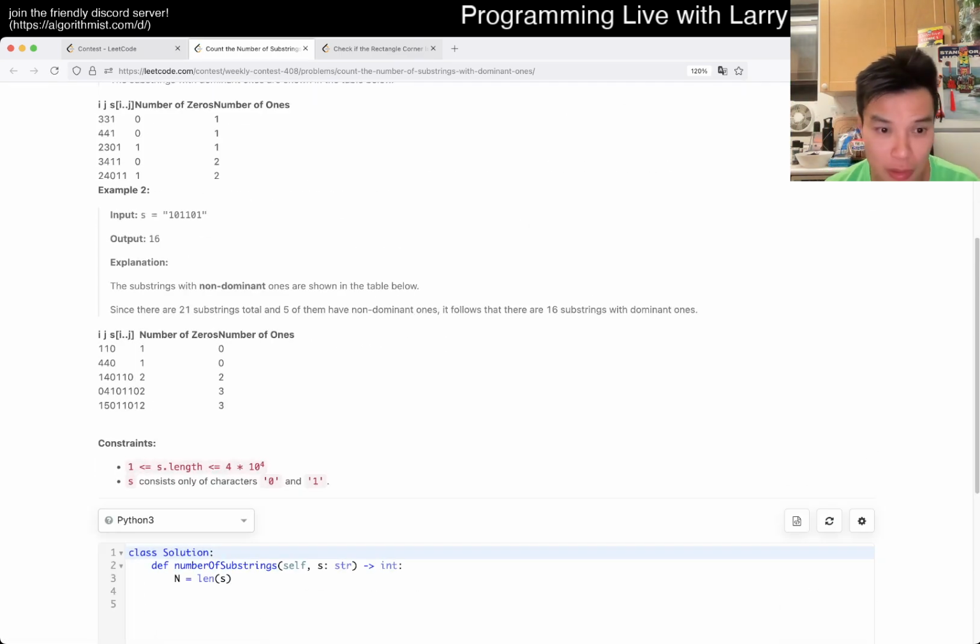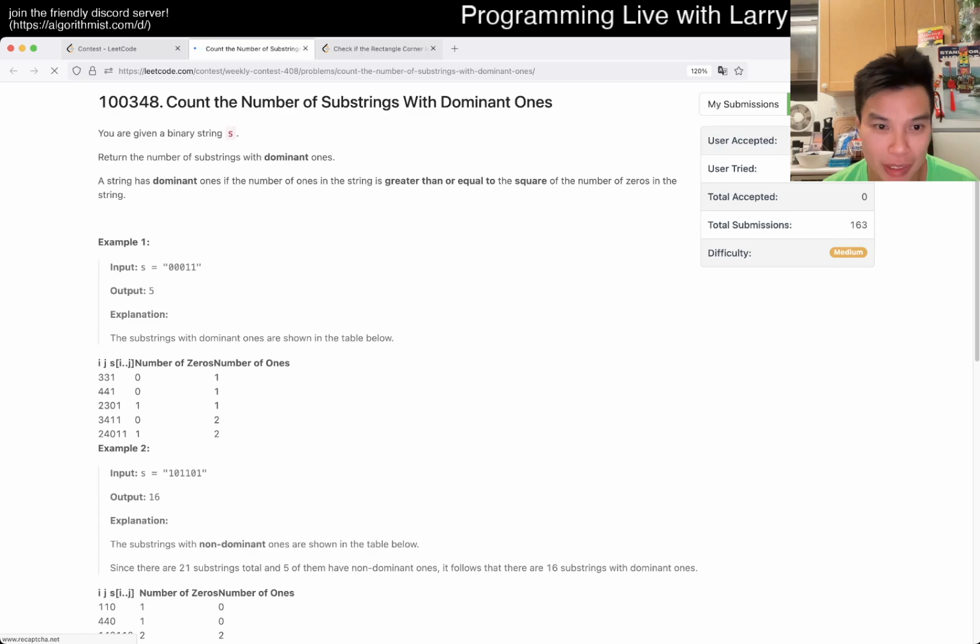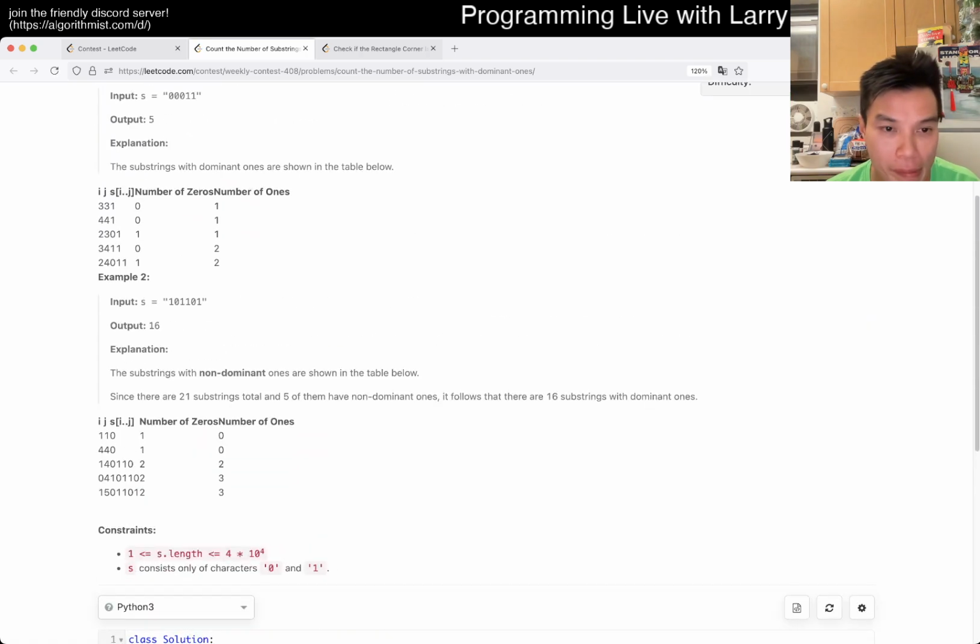Still no one's gotten it. Or at least it could be just not updated though. It's not sliding window, is it? Okay, let's say this is the last one, right? I mean, n square is easy.